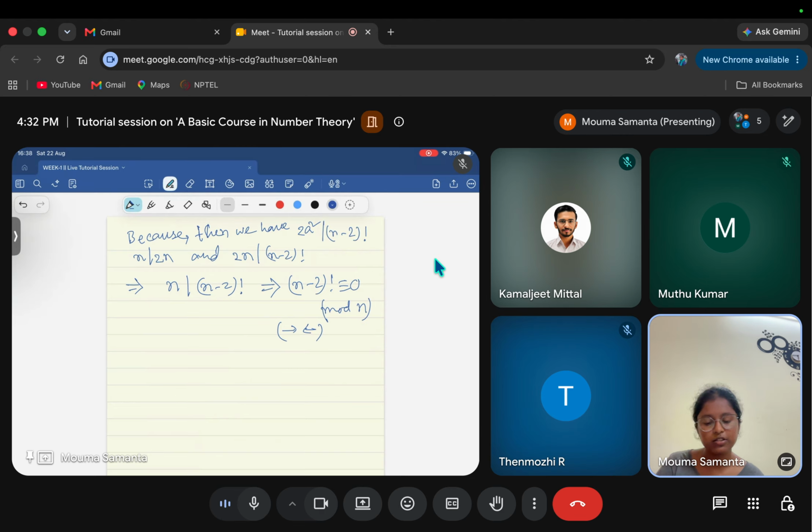Now 2a squared means 2n, so then we can conclude n divides 2n and 2n divides (n-2)!, so in that way we will get a contradiction. Now here we show why 2a belongs to the set 3 up to this.